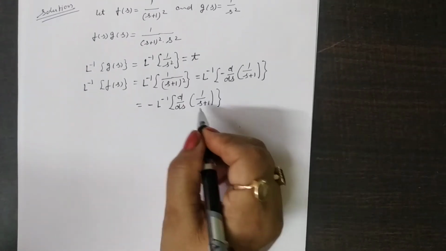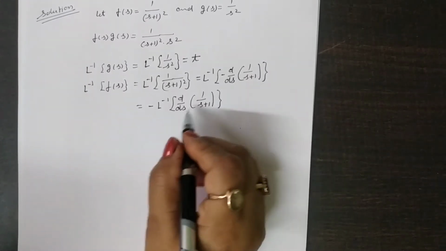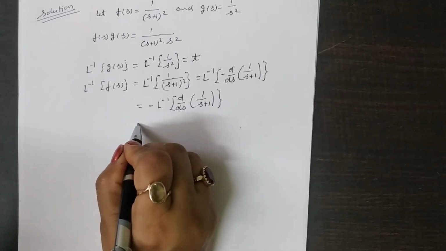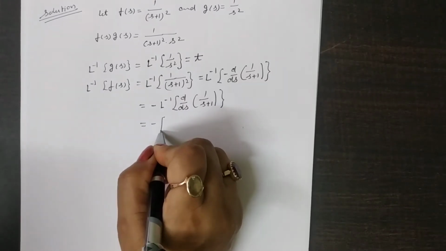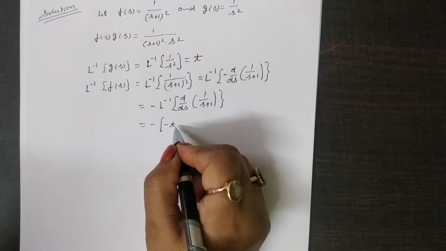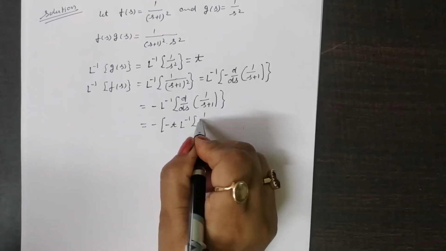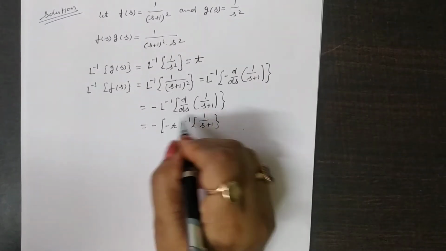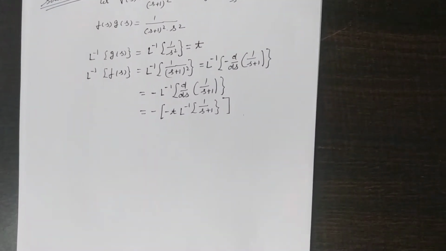So the Laplace inverse of this can be written, by the derivative property, as minus t times the Laplace inverse of 1 by s plus 1. Earlier I have defined these types of property, so there is no confusion.